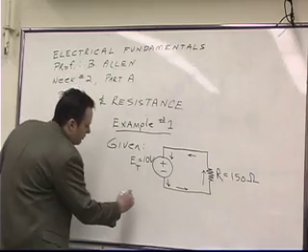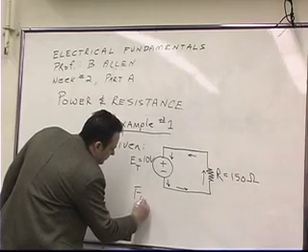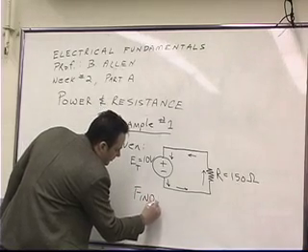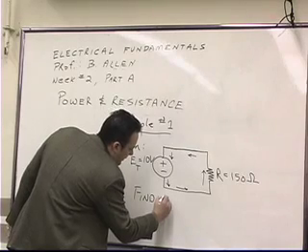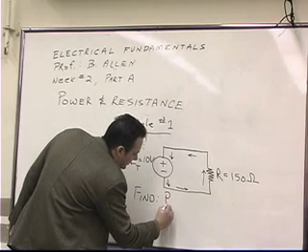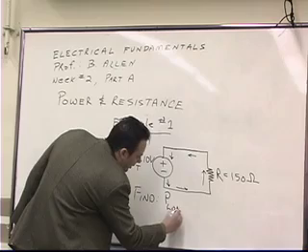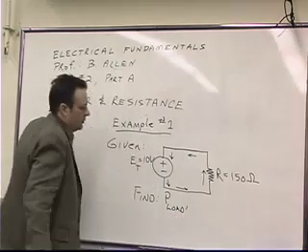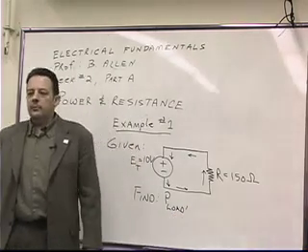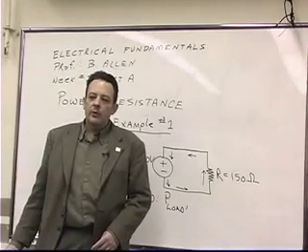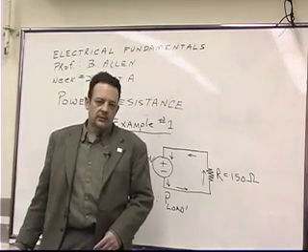The first thing that we want to find is how much power is dissipated in the load. And does anybody remember what the unit on power is? Watts. Right, watts.